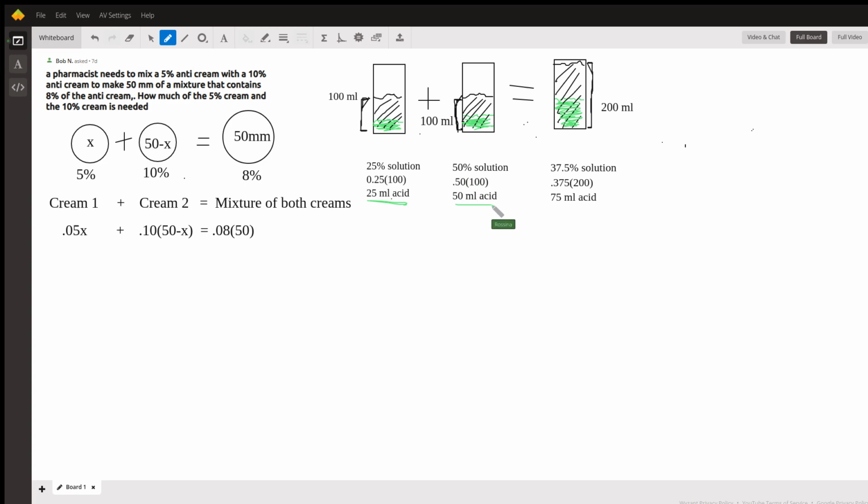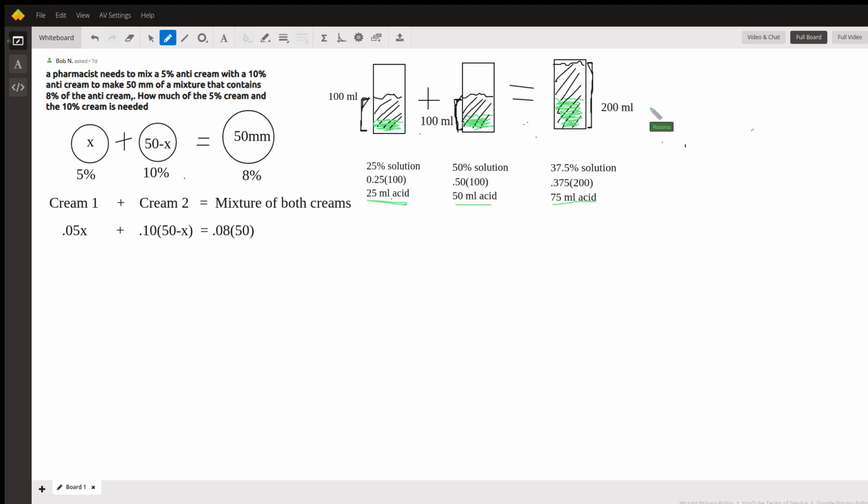And if we just think about this acid part, when we combine both of these containers, it makes sense that 25 plus 50 would give us 75 milliliters of acid in this container when we put them together. And again, like I mentioned before, when we put them together, it's a total of 100 plus 100, which is 200.